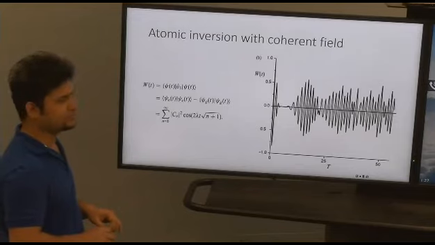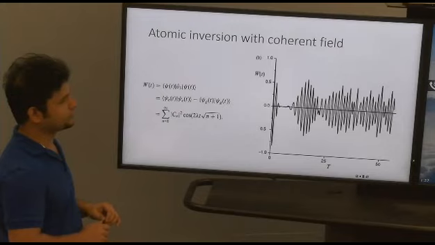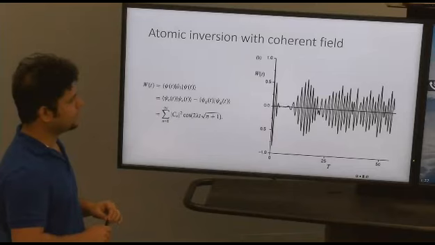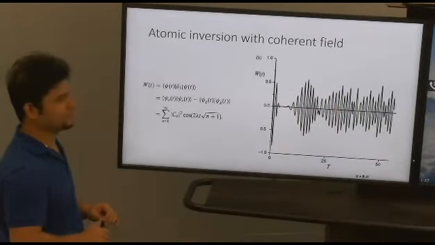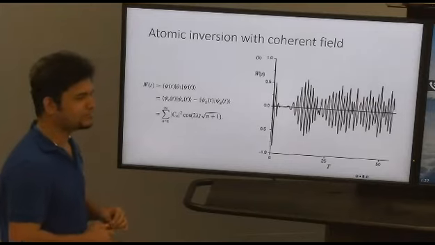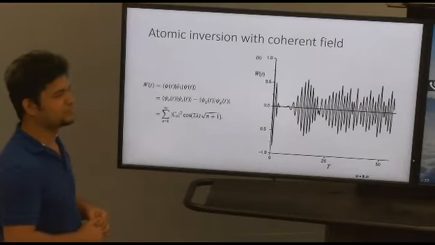So it is a prototypical analog of relaxation, right? Yeah. It comes to 50% of the population in ground and excited states. So that is the importance and impact of this model.